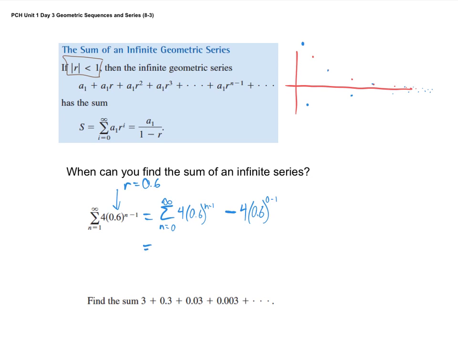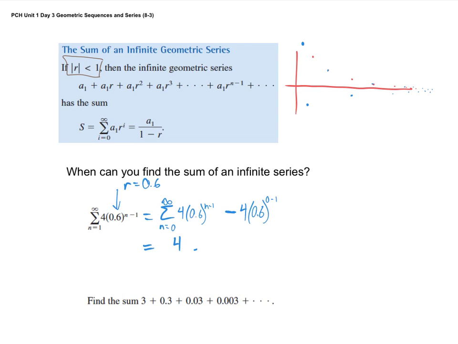So notice here, let's use our formula. What would a sub 1 equal? 4 times 0.6 to what power? To the 0. So it would just be 4. Okay?